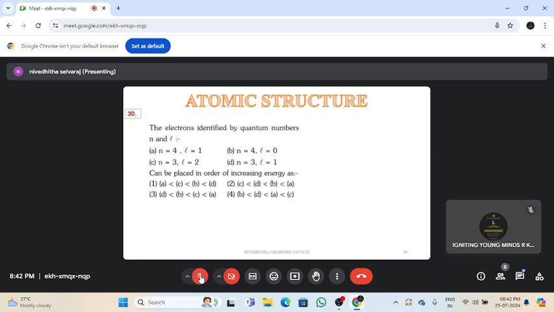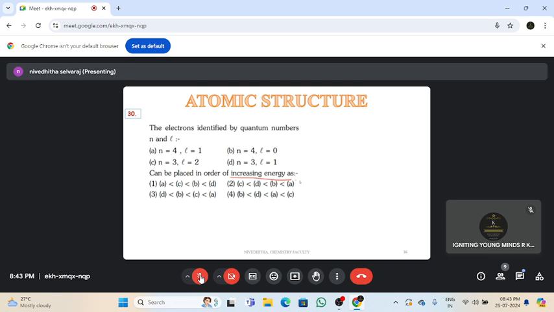Next question. The electrons identified by quantum numbers n and l are given. You have to arrange these electrons in the increasing order of energy. Very easy question. We have to find which orbital has lower energy and which has higher energy.